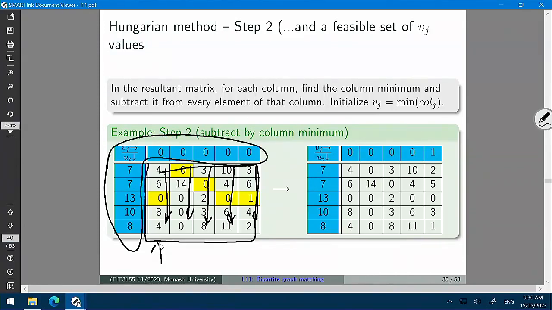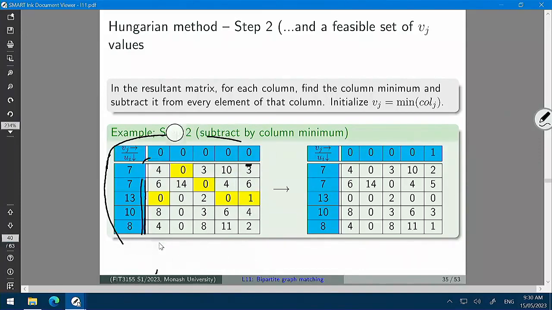So first column is 0, second column is 0, third column is 0, fourth column is 0, and the minimum of the fifth column is 1. If I subtract the column minimum from each column, the first column doesn't change because the minimum is 0, the second column doesn't change because the minimum was 0, and so on, all the way to the last column.